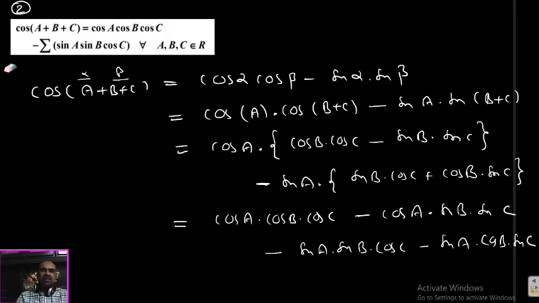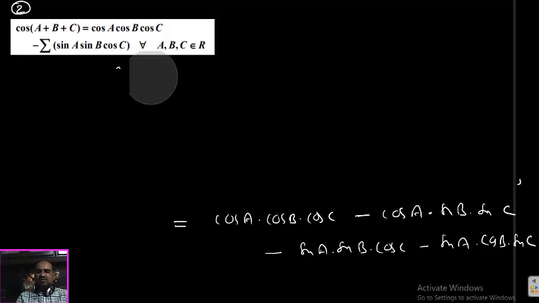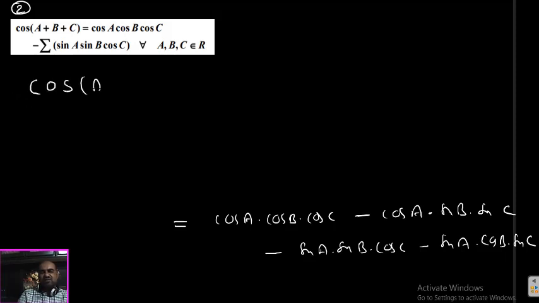Okay, now I want to conclude here. Students, listen now. Cos of A plus B plus C is remembered as first cos A into cos B into cos C. From the remaining terms I can take minus common.